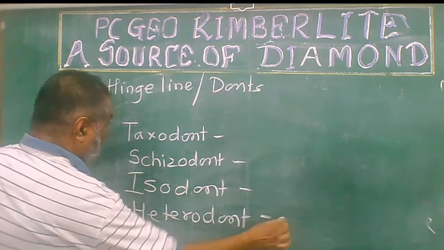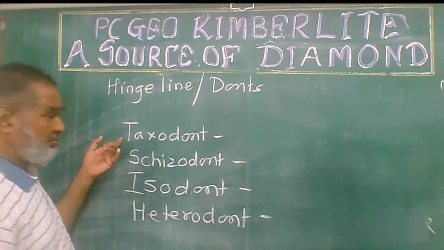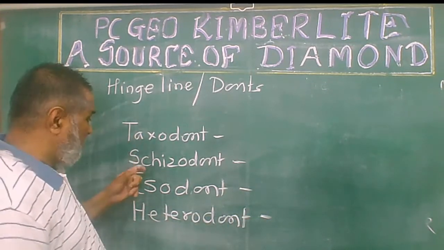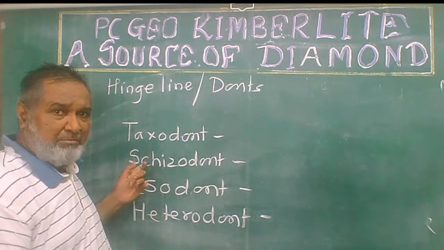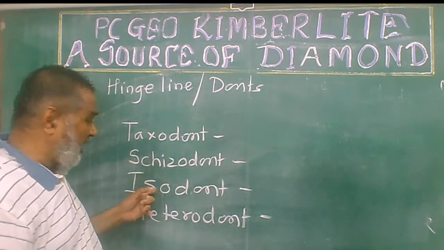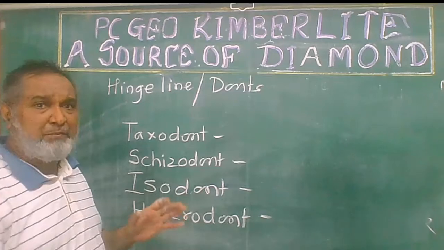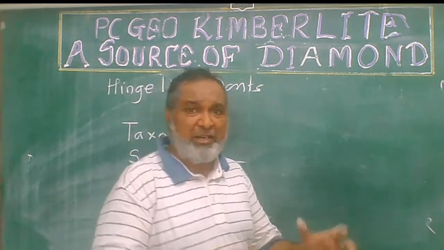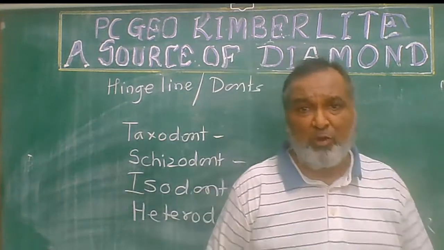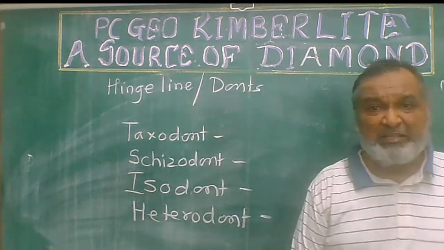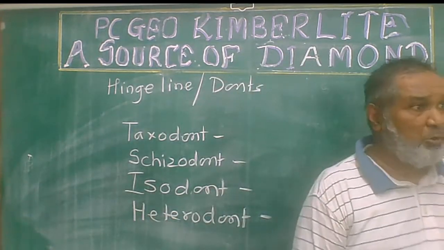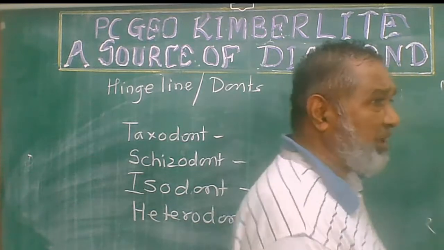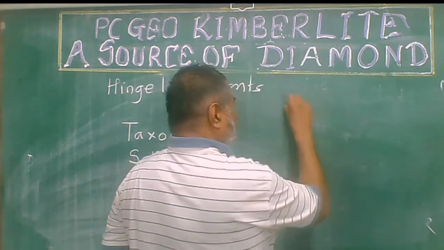See now, one by one. Taxodont, large in number, small in size. Schizodont, less in number, large in size. Isodont, less in number, bigger in size and equal. Whereas heterodont, less in number, bigger in size, one big, one small, so they are unequal in size. That is the heterodont. Then come to the next one, we have desmodont.